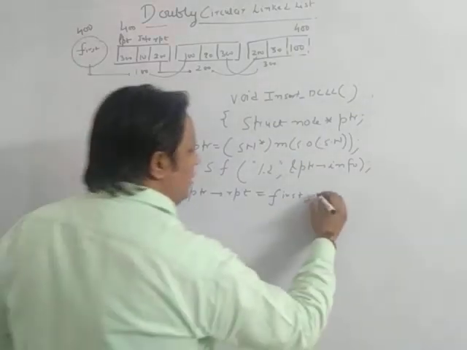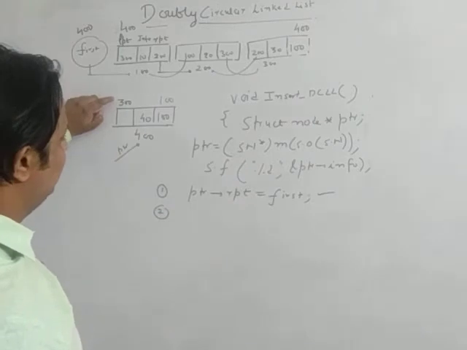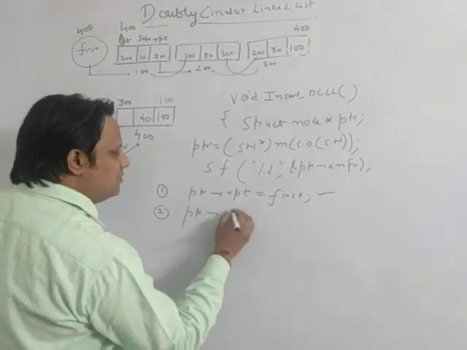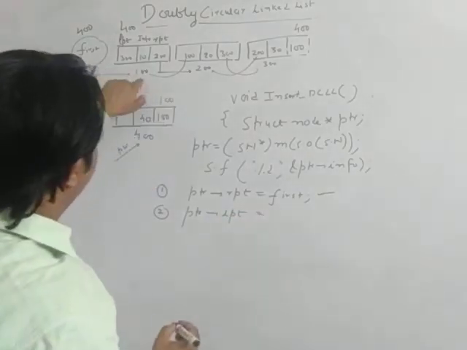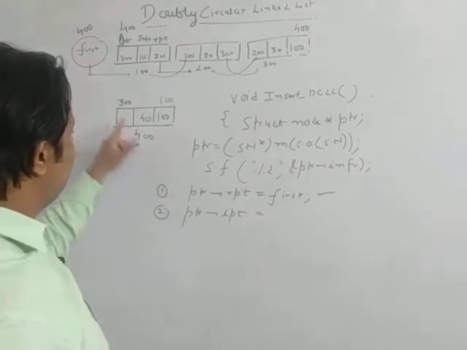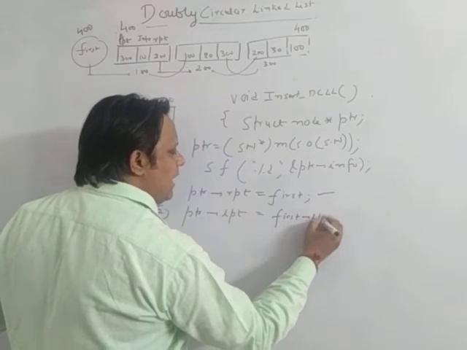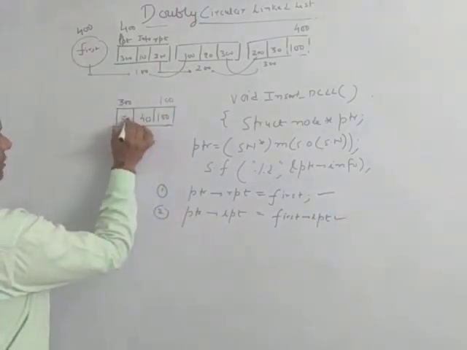One change done. Second, I wanted 300 here, in ptr LPT. In order to get to 300, I have to target first arrow LPT, which is 300, right? So ptr arrow LPT is equal to first arrow LPT. So this is my second change which is done.